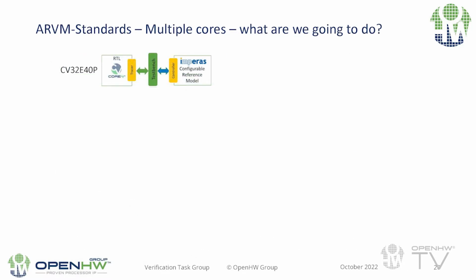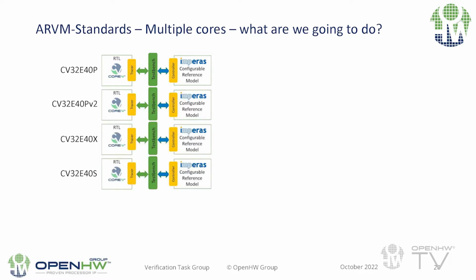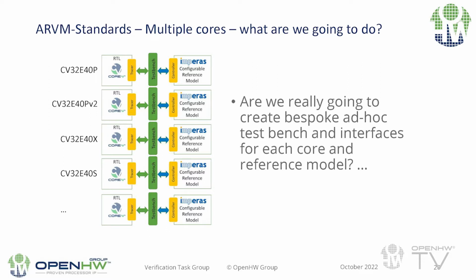We've got to try and build a tracer and an interface to a test bench that sits around a core and talks to a reference model, when there's one or two or three or four or five or however many of these there are. Each one of them is a different core. It's going to need different things in the reference model, different things in the test bench. And are we really going to build bespoke ad hoc test benches and interfaces for each core and each reference model to do this? Of course, no, we can't do that.